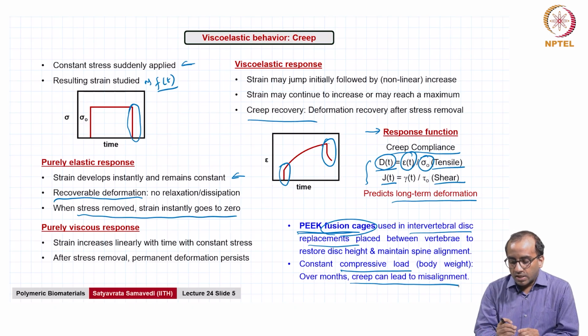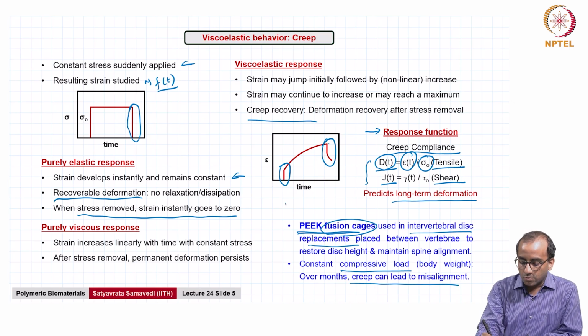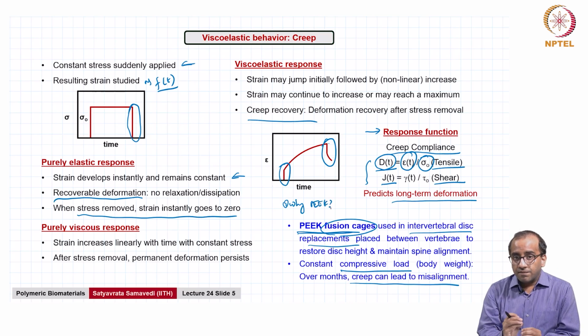Now, one thing I would like you to stop here and maybe ask or look up is, one, why is PEEK the material of choice for such an application? So, why PEEK? And if you have understood all the structure-property relationships we have been looking at throughout this course, if you are able to look at the structure of PEEK and the properties of PEEK, then it should be fairly clear to you why PEEK is one of the choices for this kind of application.